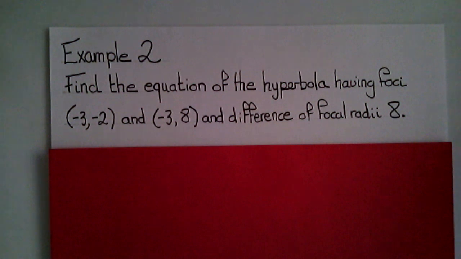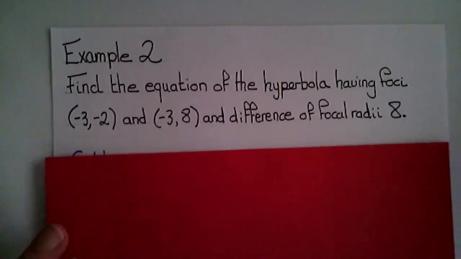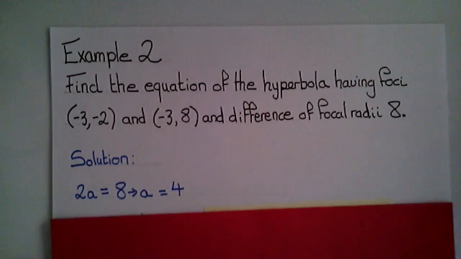Once you've got that, you can say to yourself, what have we here? We have a hyperbola. Again, we've got the foci, and we've got the difference of focal radii. So copy that down. Once you've got it copied down, let's have a look at what we know.